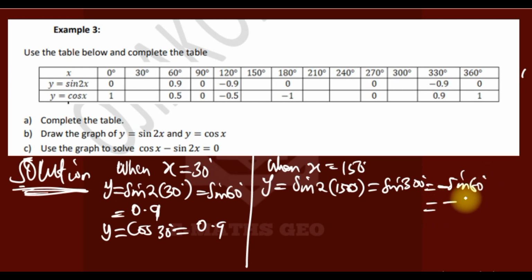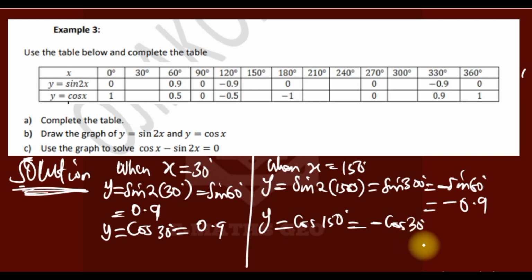So we have minus 0.9. For cos, y equal to cos 150, which is the same as minus cos 30, which is minus 0.9. So that's how we fill up the table. No need of wasting time. Let me paste the complete table. We now move to the graph.